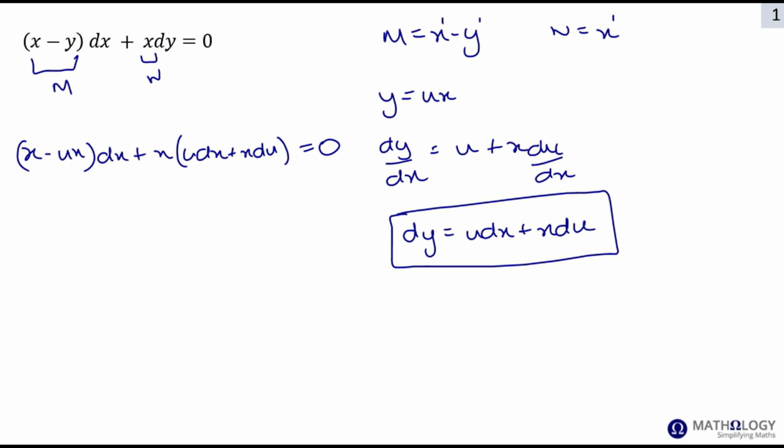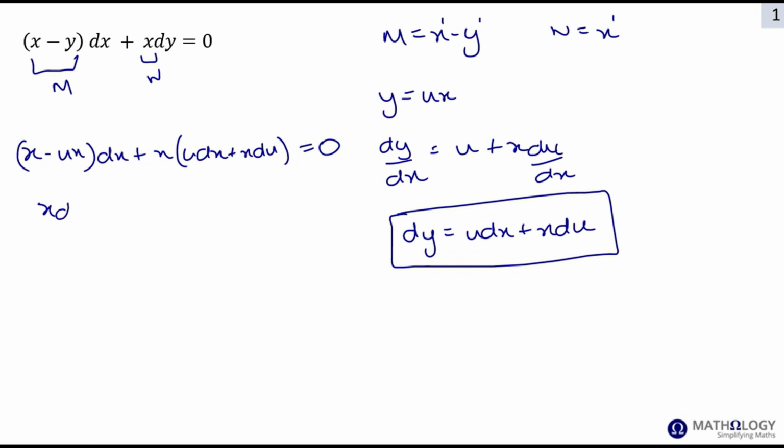I'm just going to multiply these brackets out and group all the similar terms together, and then we're going to use variable separable.